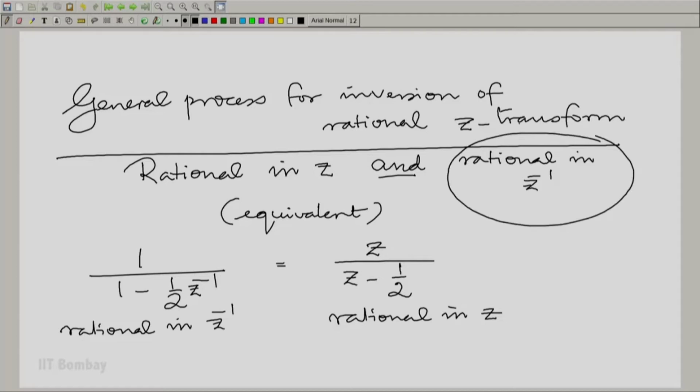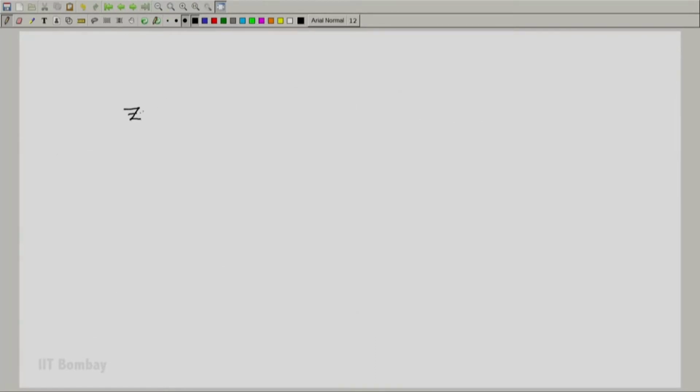That means we will always write down the particular Z transform as a rational function in Z inverse. So, for example, even if you had something like Z squared minus Z divided by 1 minus half Z inverse or whatever it is, you would force it to become a rational function of Z inverse. So, that can be done very easily.